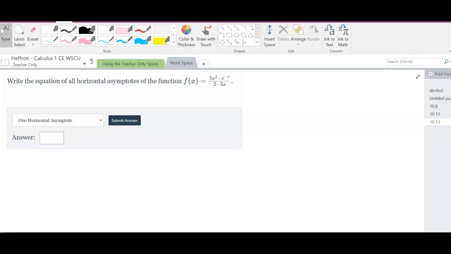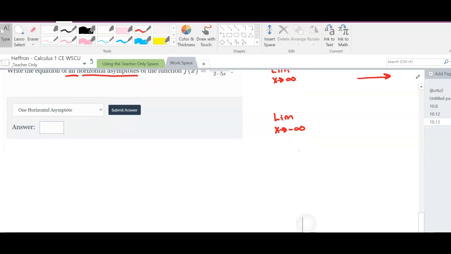So as we are looking for all horizontal asymptotes, that means we're looking for both the limit as x approaches infinity, because that's going to go to the right, and the limit as x approaches negative infinity. Well, that's going to go to the left.